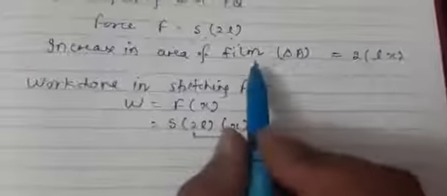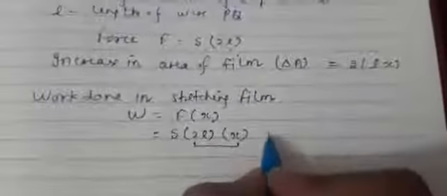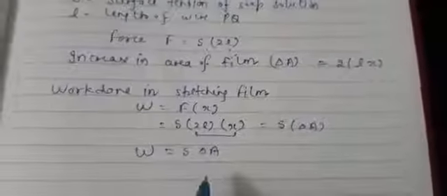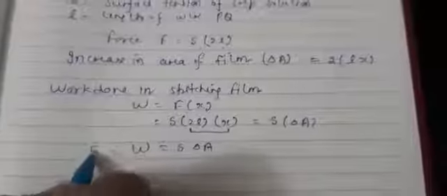Now this 2Lx can be treated as the increase in area of both the films. So here it will be S into ΔA. You can see that the work done in stretching the film is S into ΔA. So this work done is appearing as the surface energy.